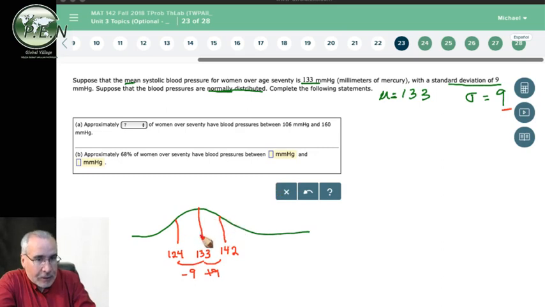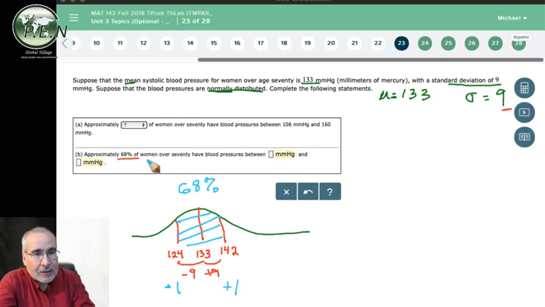And what we know from the books and from everything is that 68% is between 1 standard deviation above and 1 standard deviation below. So if we were to shade in this area, because everything under this curve is 100%, this region from -1 standard deviations or standard scores to +1, that's going to be 68% right there.